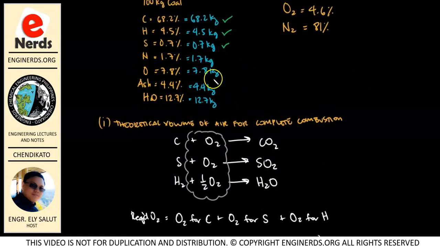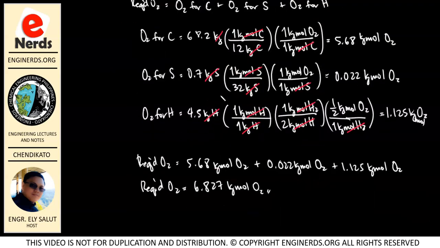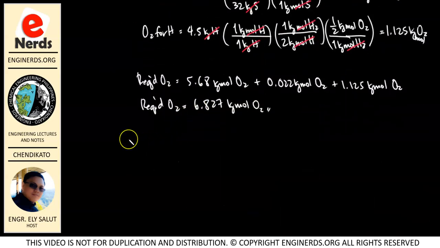So, we're going to consume this first. Okay? Dahil nandito na siya present sa ating coal. So, that means we have to subtract that dito sa ating nakuhang required O2 para makuha natin yung theoretical O2 required from air. Okay, so, kailangan nating makuha kung gaano karaming O2 yung nasa coal.